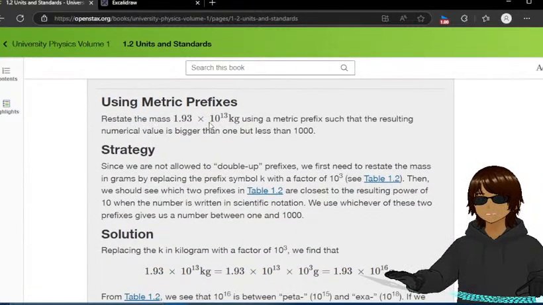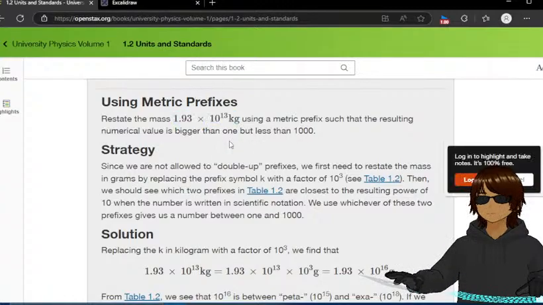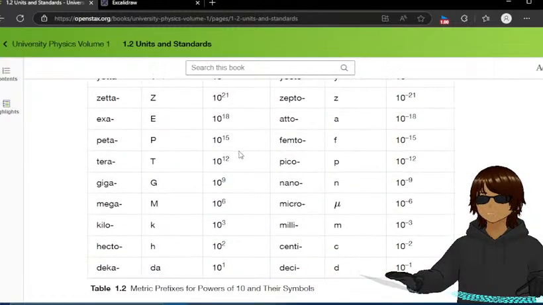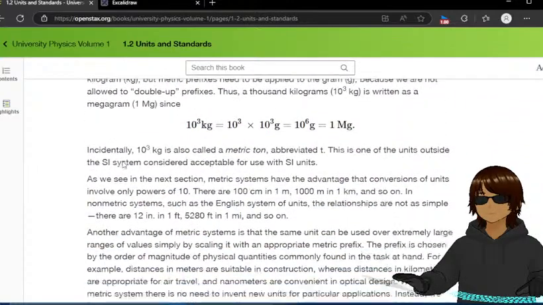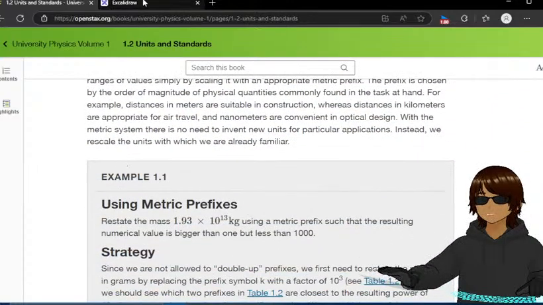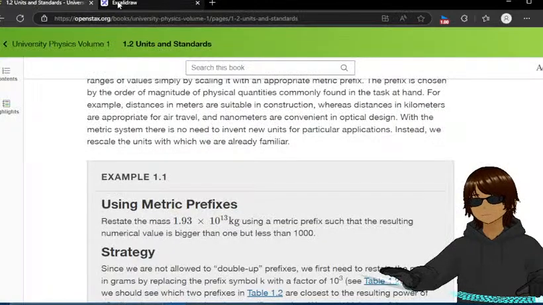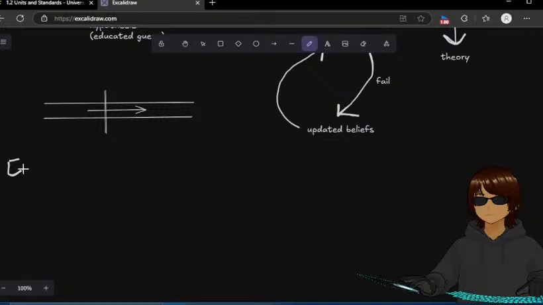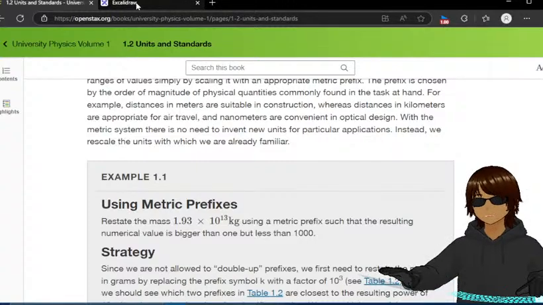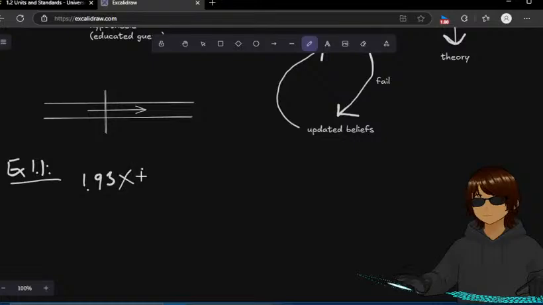Restate this mass using a metric prefix such that the resulting numerical value is bigger than 1 but less than 1000. So we have a power of 13, right? We have tera over here. Example 1.1. Sorry, it's positive 13.